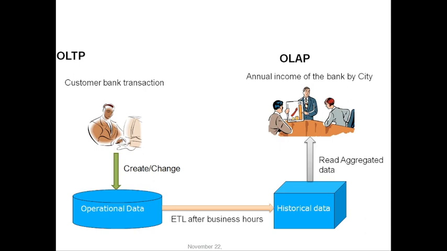There are many data warehousing systems. MS BI is one such data warehousing system, right? And SAP BW is the data warehousing system, OLAP system. Clear? Is everyone clear on this? Yes, sir.